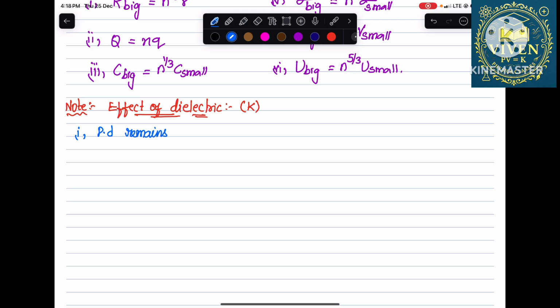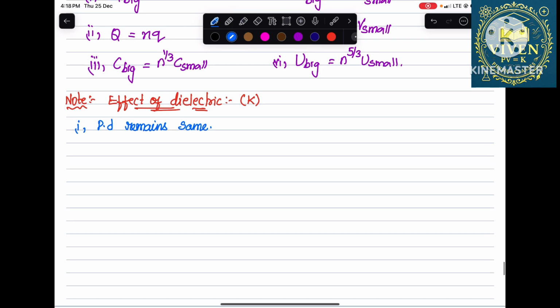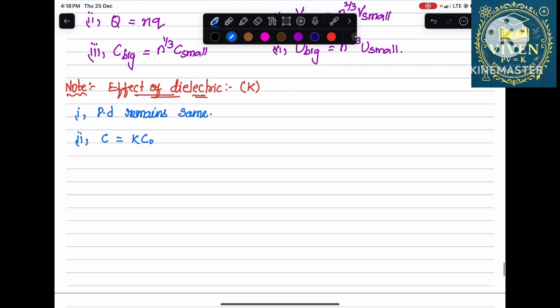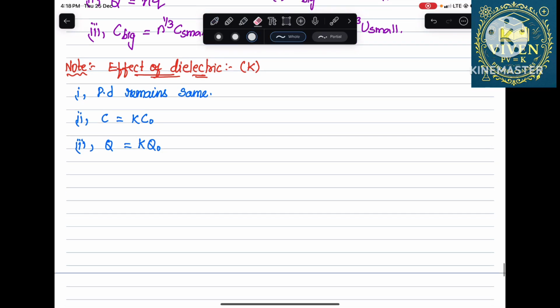Most important, guys, try to understand this. Potential difference remains the same. Second, capacitance becomes, as I already said, K times C naught. Third, charge becomes K times the initial charge Q naught. Fourth, electric field remains the same.